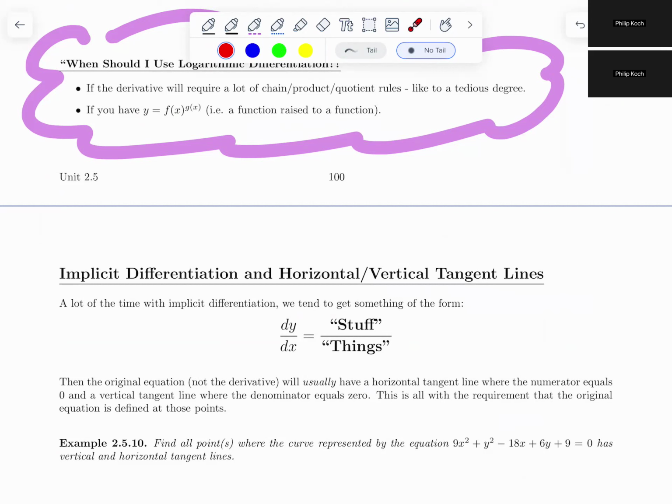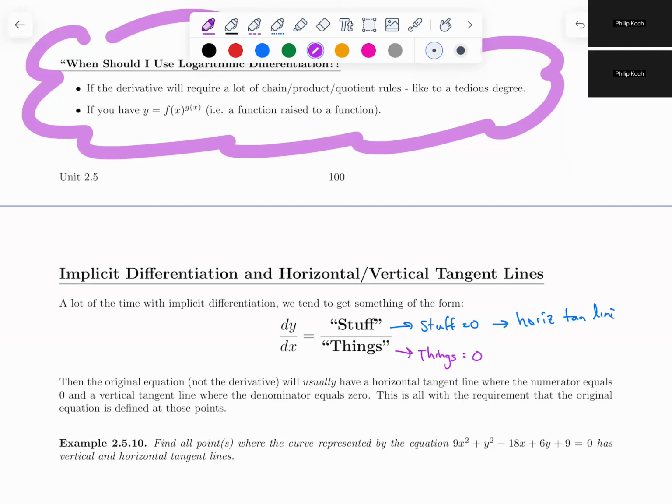So if stuff is equal to 0, that implies a horizontal tangent line. And if things is equal to 0, you get vertical tangent lines. I don't know why I wrote tangent for that one, but not on the other one, so we're going to change that up.